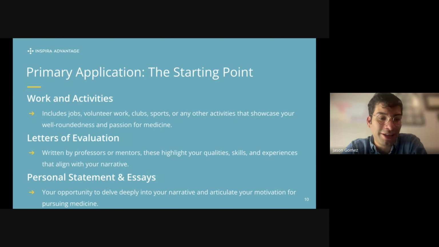Yeah, completely agree with what was said previously. Other things you want to make sure that you tie in are your work and activities, your letters of recommendation, your personal statement and essays. Going back to what we discussed on the previous slide, this doesn't need to be every single activity you've been involved with.